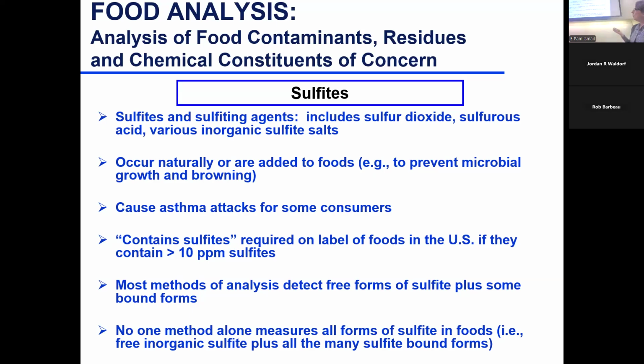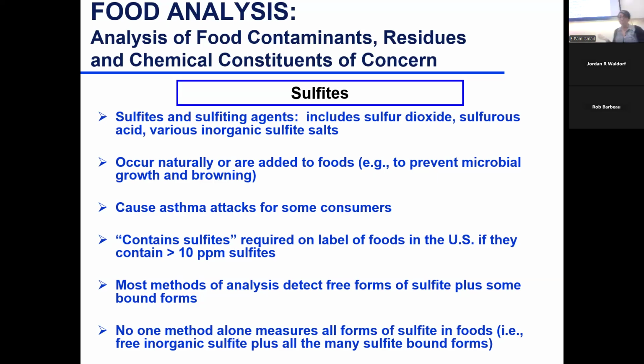So we are required to put sulfites on the label, especially if we have a higher than 10 ppm. But we have to do that if we have more than 10 ppm, because some consumers have sensitivity as asthma reaction to sulfite. There are so many forms of sulfites that could wind up in food.